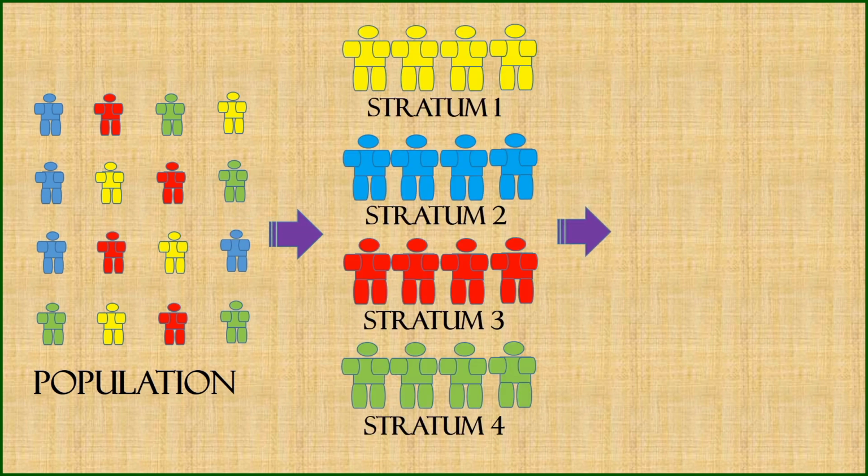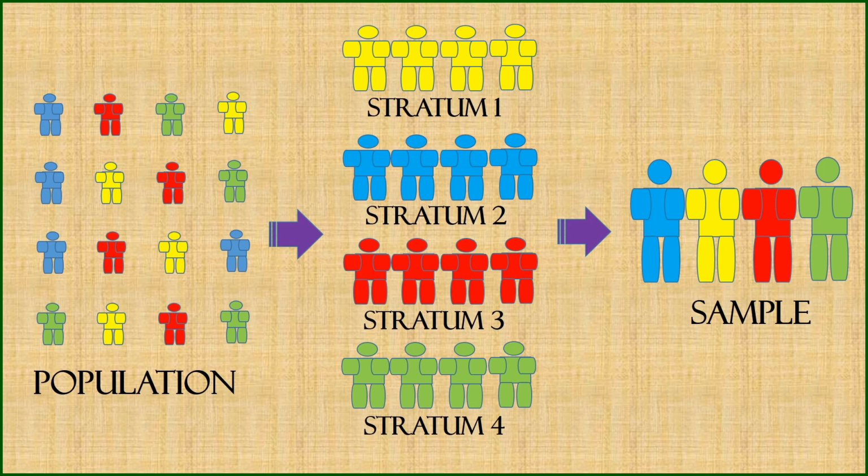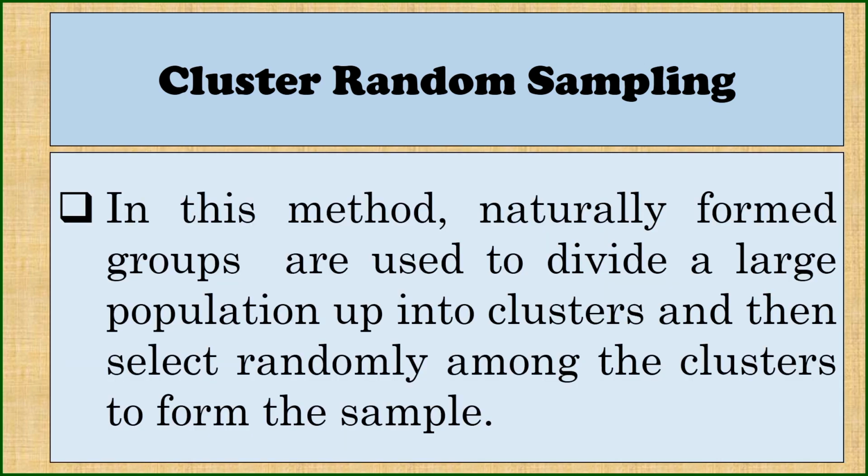Lastly, the cluster random sampling. In this method, naturally formed groups are used to divide a large population up into clusters and then select randomly among the clusters to form the sample. For example, your targeted population are all the students of your school or of a certain school. Let's say the school is offering grades 7 to 12.